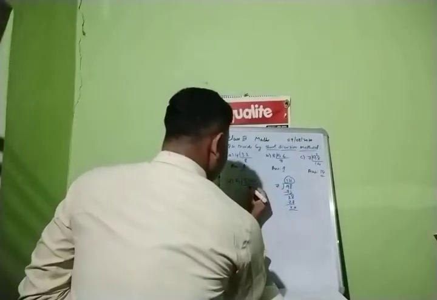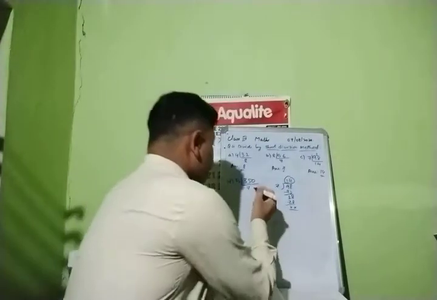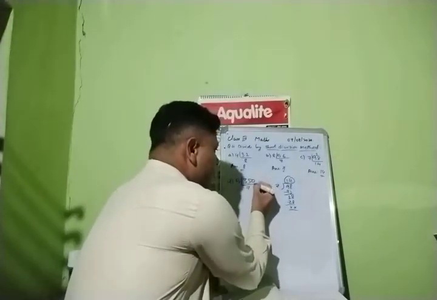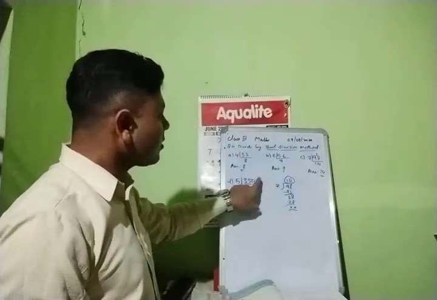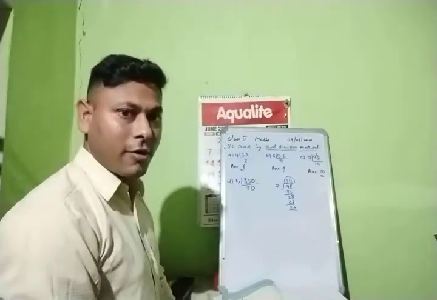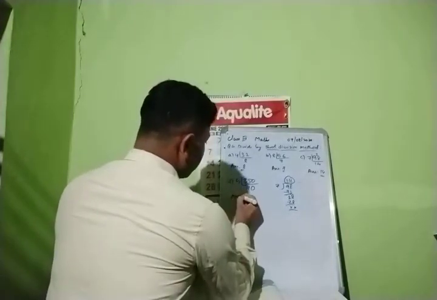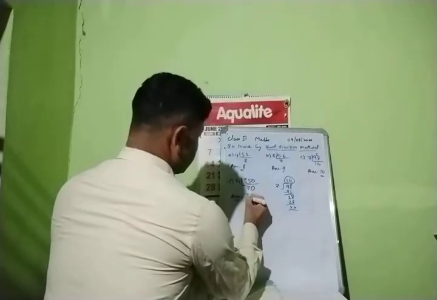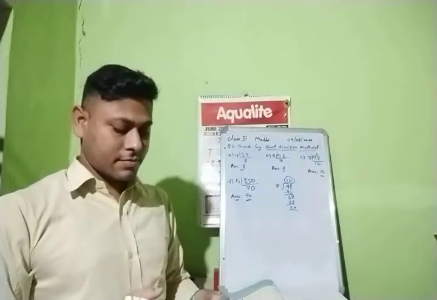Now this 0 is left, no? Directly write 0 there, because 5 zeros are 0. Yes or no? Then what will be our answer over here? 70. Is it clear now?